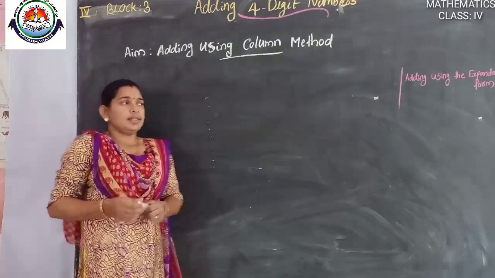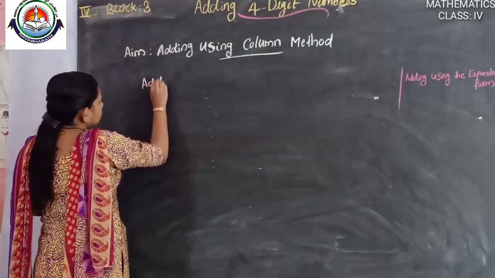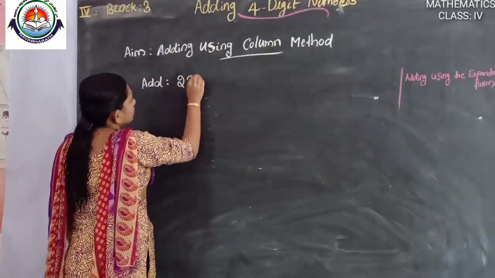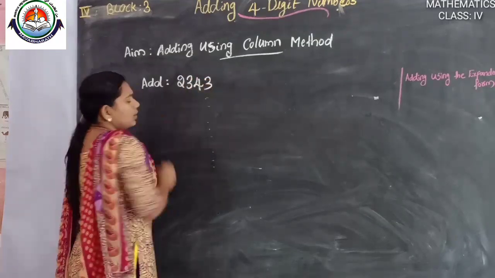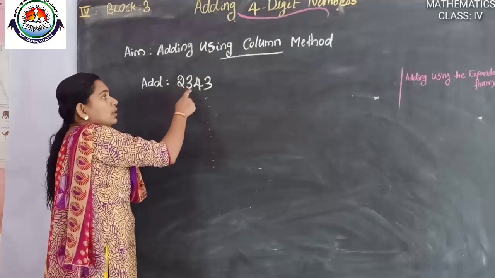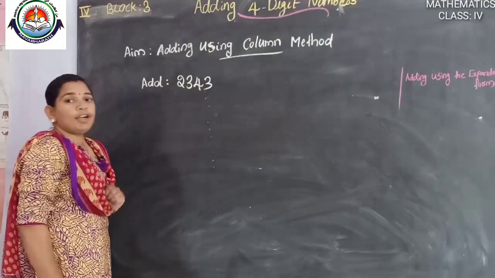Then, just one question here. Add 2343. How many digits? 4 digits.